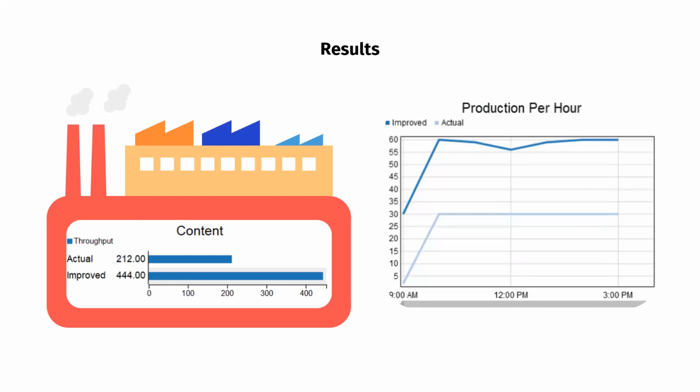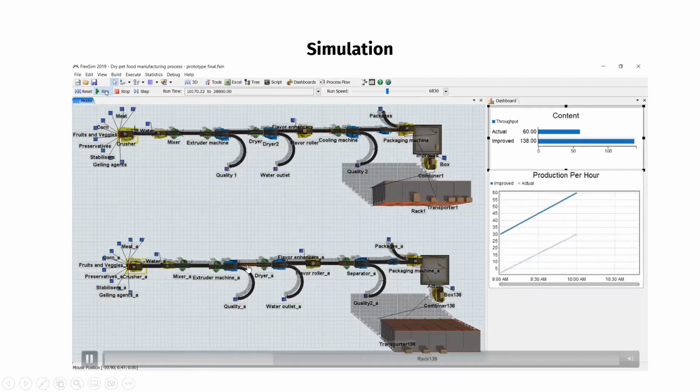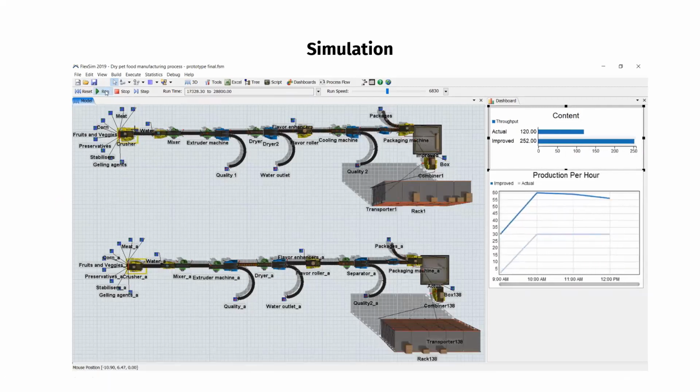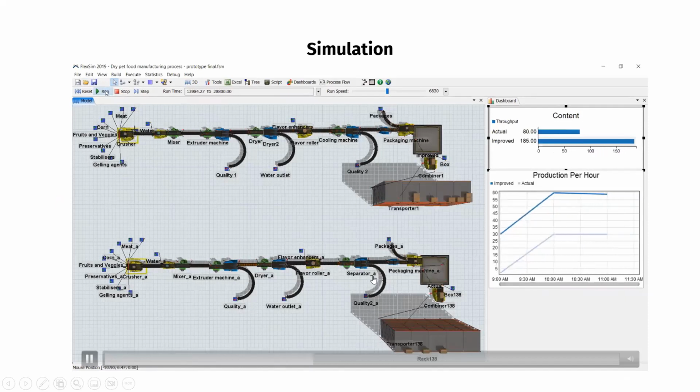It's important to know that in the improved one, we changed two machines, because in the dryer machine, there is a bottleneck in the actual process. And when this was solved with a solution for the dryer machine, then the bottleneck was in the cooling process. So those two machines were replaced.